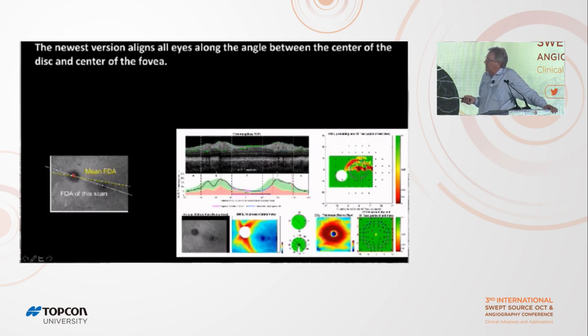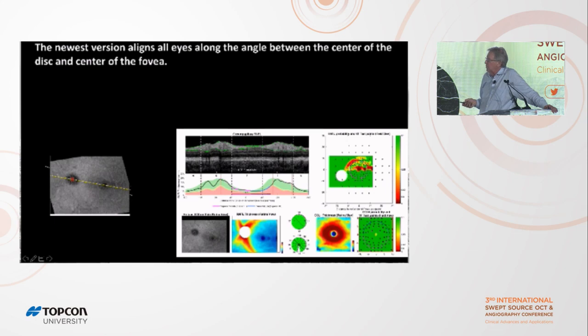All right, the new version of this report, which was just released a week or two ago for the Maestro and will come at some point for the Triton, makes a modification. We take the scan after it's been scanned, take the foveal-disc angle here, and rotate it to the mean of healthy controls.